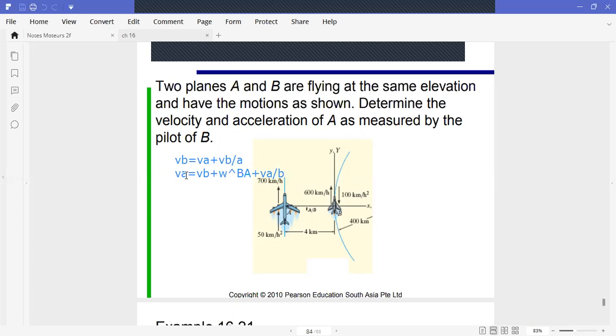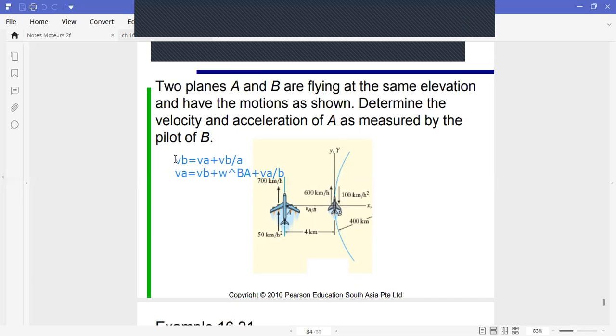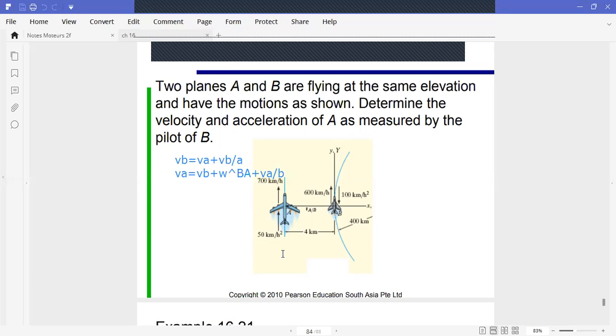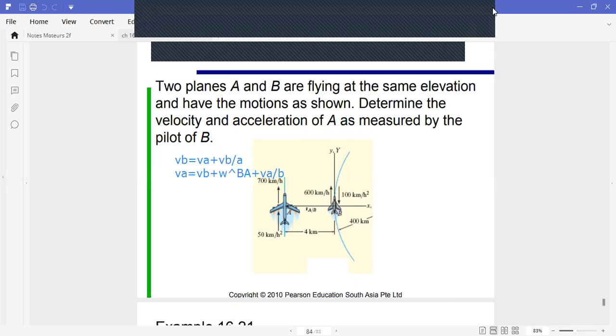Okay, I cannot use this one because this one is only valid if the frame is translating, which is the case for plane A, but not the case for plane B. When I want to measure A relative to B, which is rotating, I should use this formula for general relative velocity for rotating axis. Okay?